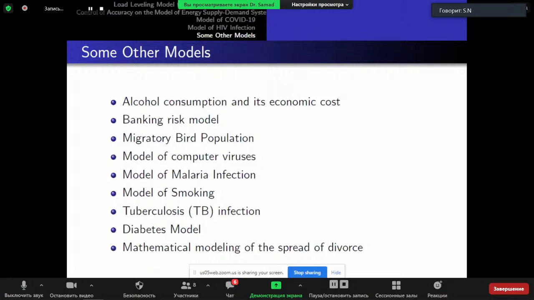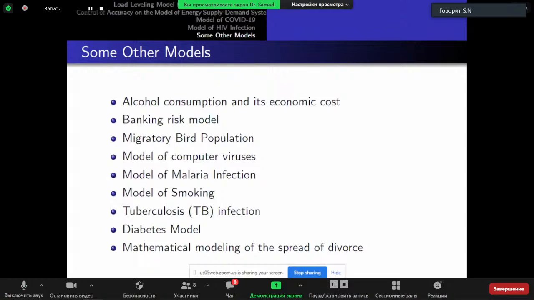It's related to economics and also social science. The banking risk model is another, a non-linear differential equation with 3 equations and 3 unknowns. Another is an important model for migrating bird population, which is really important because the birds lay eggs close to the coast. And the model is really applicable.